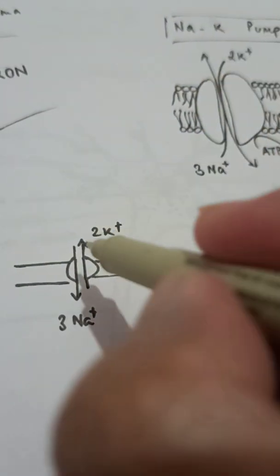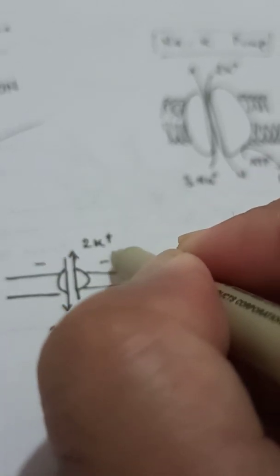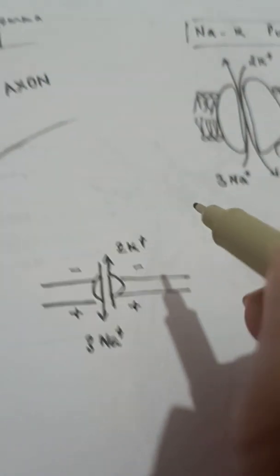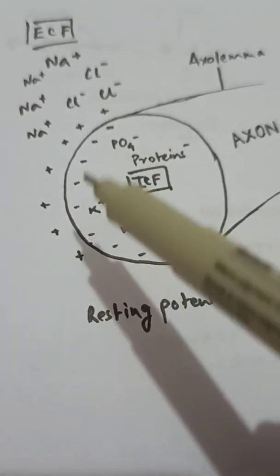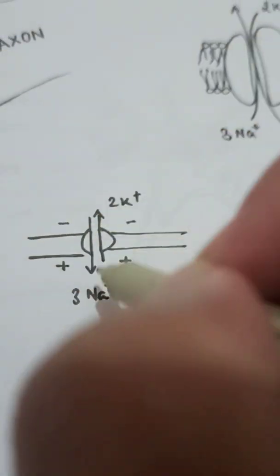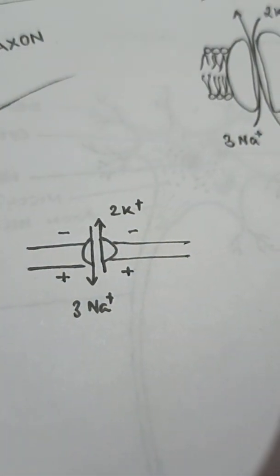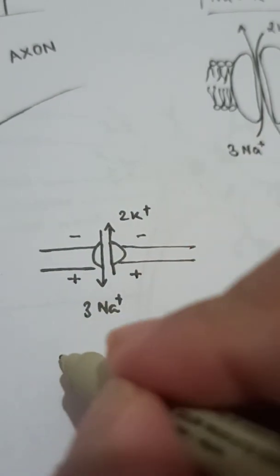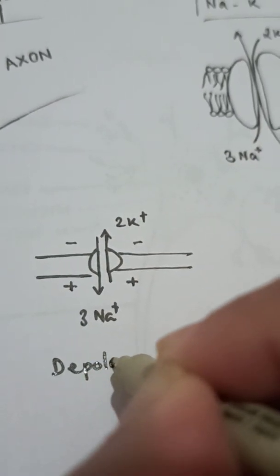That will create a temporary negative charge on this particular surface, whereas this side will become positive. Okay, from the previous state of being outside positive and inward negative, it has completely altered to a different conformation. This alteration of the charge is what is known as the depolarization.